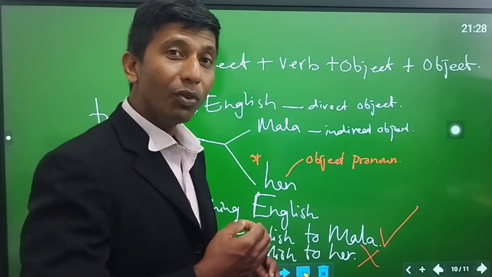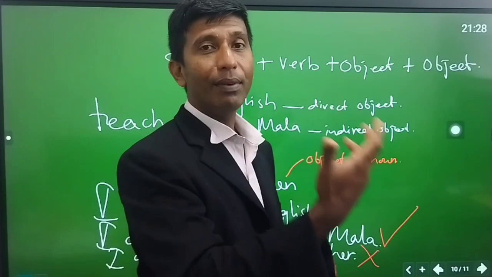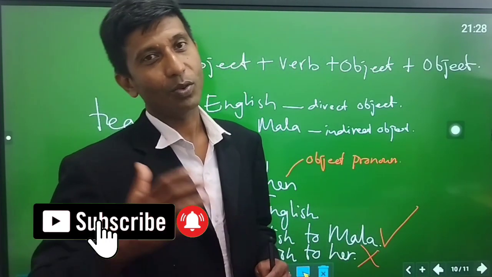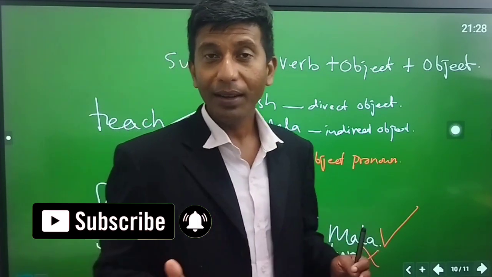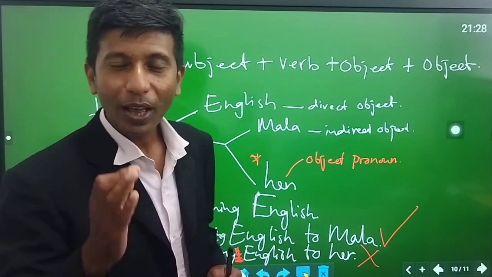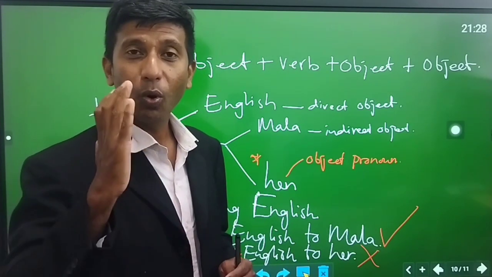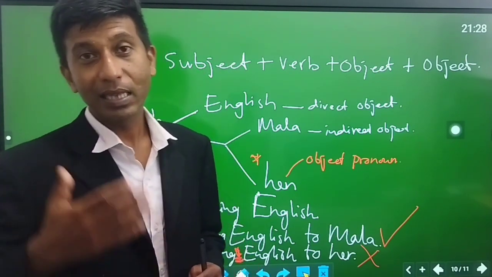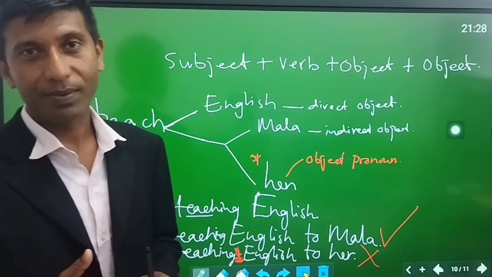But if you have to face an international level examination like IELTS, there are so many exams recognized worldwide, you have to follow grammar. You have to do all the constructions accurately according to the grammar of English.